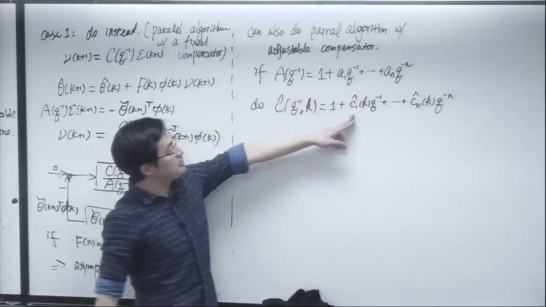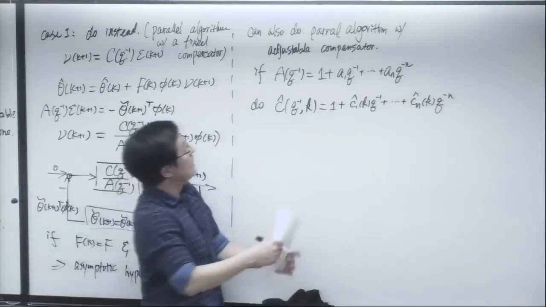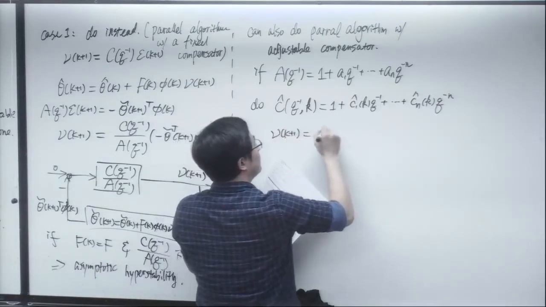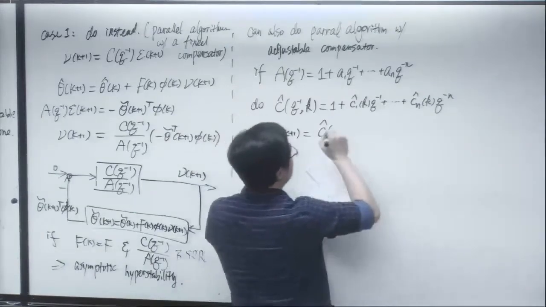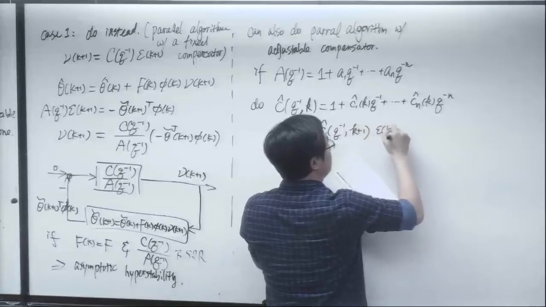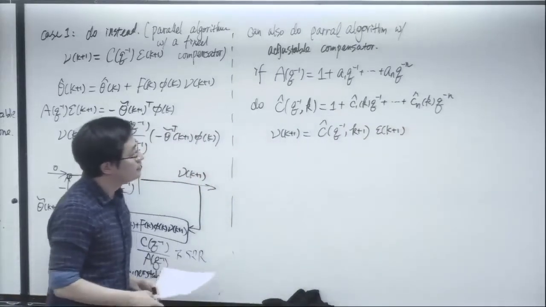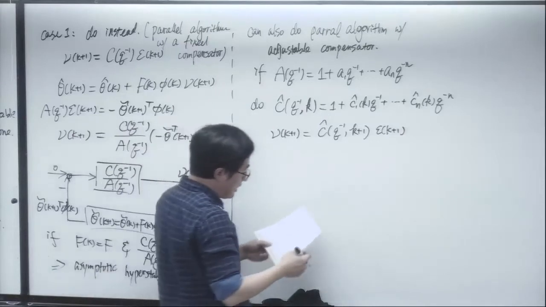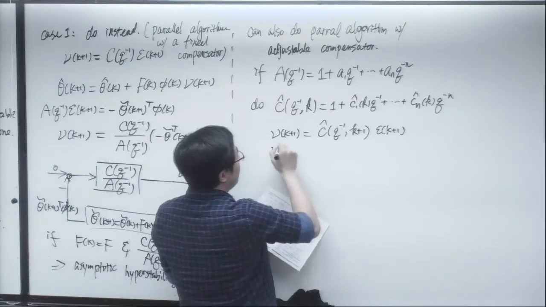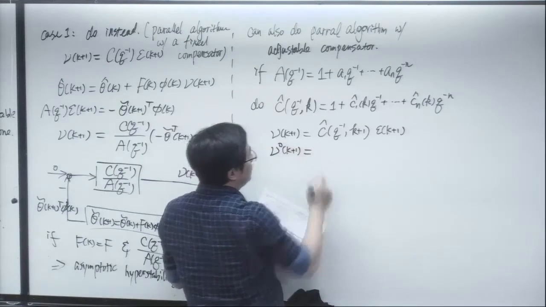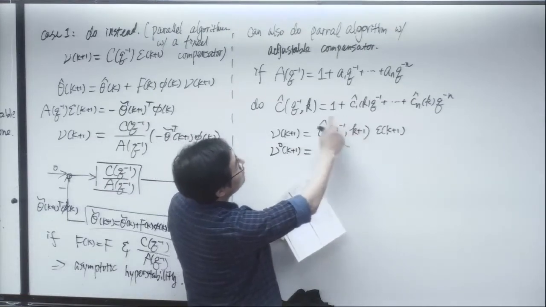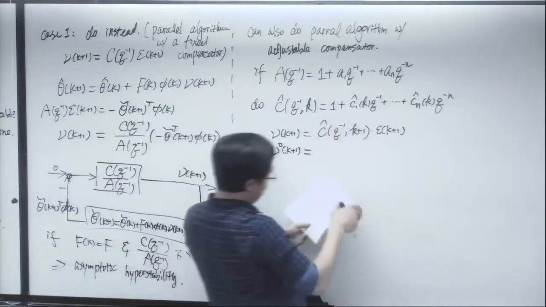I change all the coefficients in this adjustable compensator, and I do nu to be this filtered process at every time instance. So this is the a posteriori signal again. The a priori signal is to use information up to epsilon, up to k. So use everything.